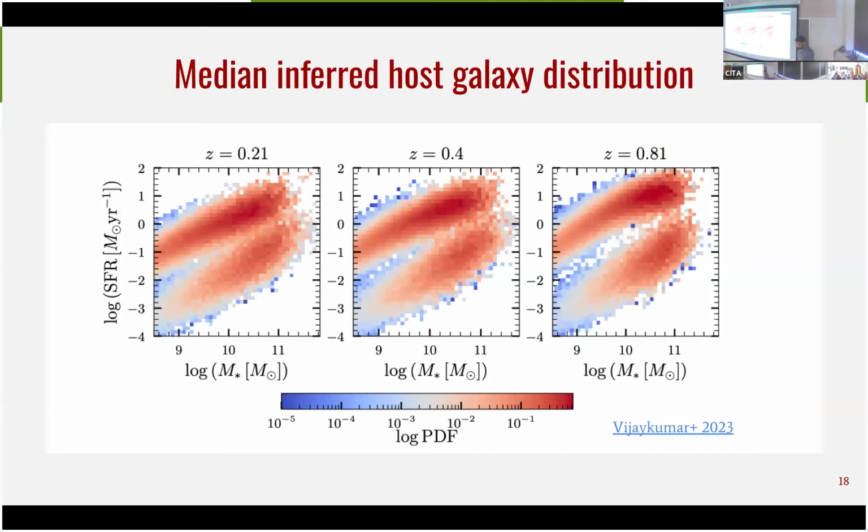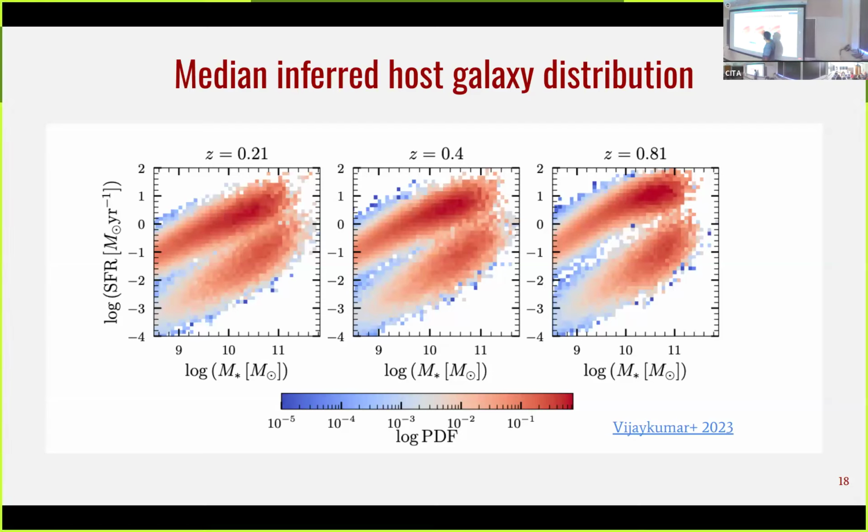Okay, so then you can plot the histogram of galaxies in this two-dimensional star formation rate and stellar mass plane, and basically the color represents the number of host galaxies in each of these stellar mass and star formation rate cells. As you can see, mostly star-forming galaxies are preferred.